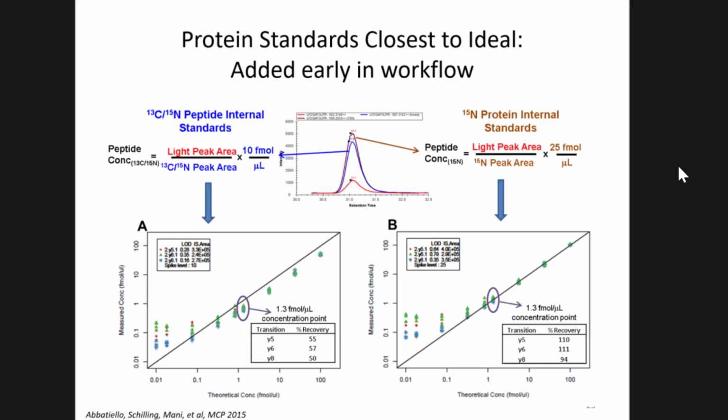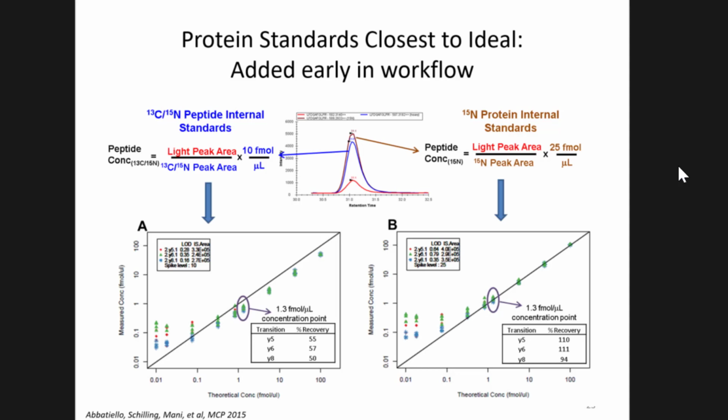We notice that these points are not sticking to the y equals x line relationship, which happens. But if we calculate percent recovery of the light peptide based on the C13 N15 heavy synthetic peptide, we get about 50% for this one concentration point, which is not so good, but it means that maybe the protein didn't fully digest in the sample.